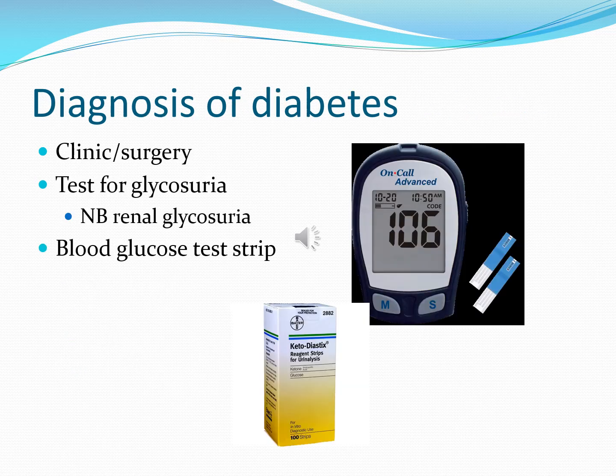So how can we diagnose diabetes? Well, we can measure blood glucose. We can do that in the clinic or the surgery. We can also look for glycosuria. Okay, so that's glucose in the urine. And both of these can be done as point of care devices. You've probably seen the point of care blood glucose readers, which is shown on the right.